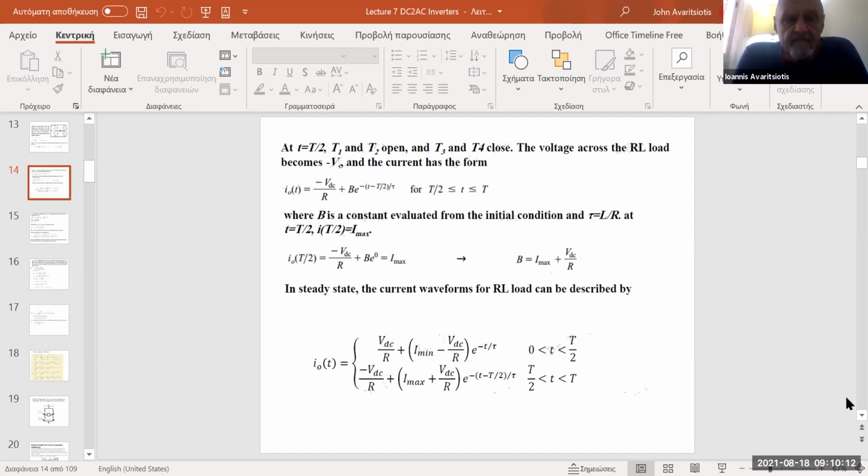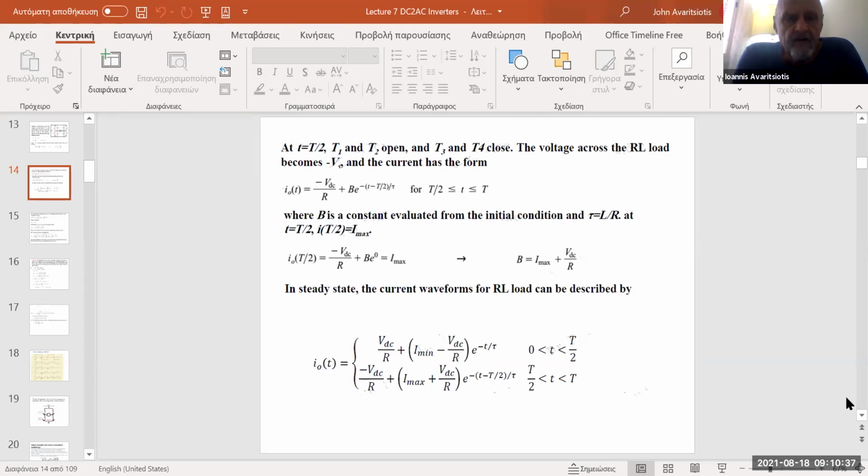Whereas at this time instance, transistors or switches T3 and T4 close, as I explained to you in very detail yesterday. So the voltage now across your RL load becomes negative. It becomes minus V naught.